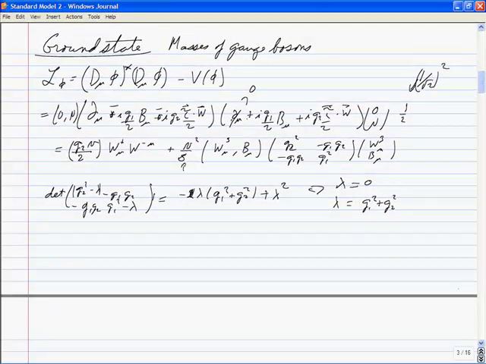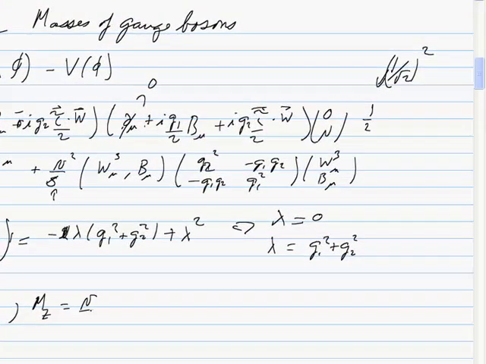There's an overall factor of V over 8 here, so we end up with the masses: M_W plus and minus is G2 V over 2, M_Z is V over 2 times G1 squared plus G2 squared to the 1/2, and M gamma is equal to 0.